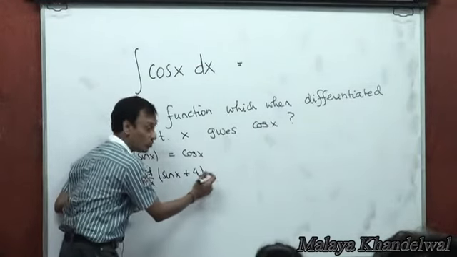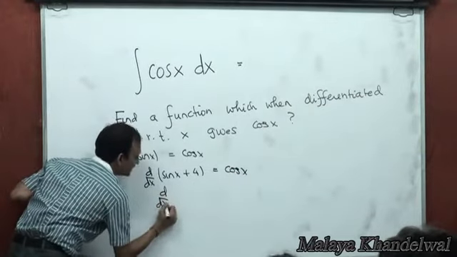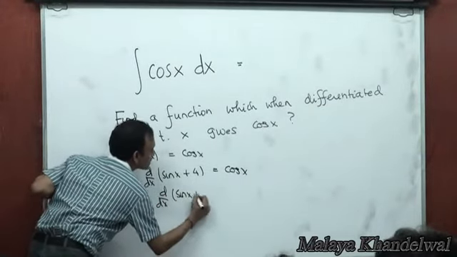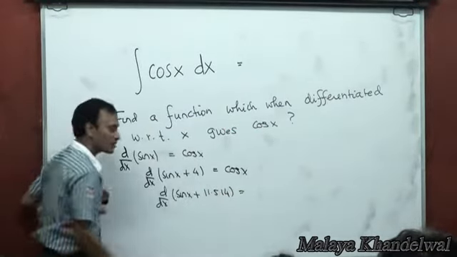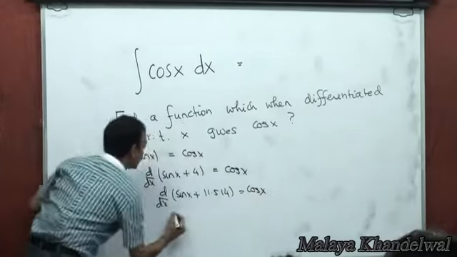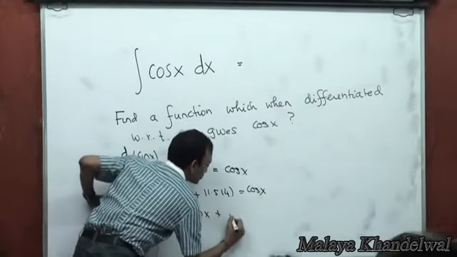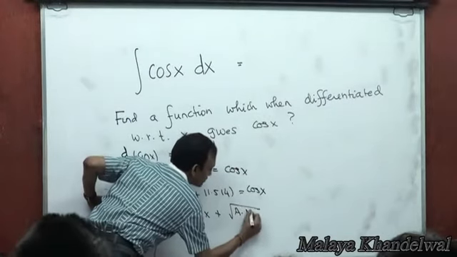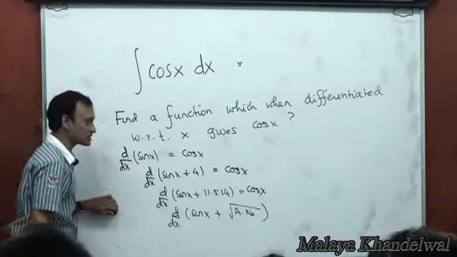Derivative of a constant is 0. So this also gives me cos x. In fact, if I said d dx of sin x plus 11.514, what is this? Cos x. d dx of sin x plus square root of Avogadro's number. What is this? Cos x.